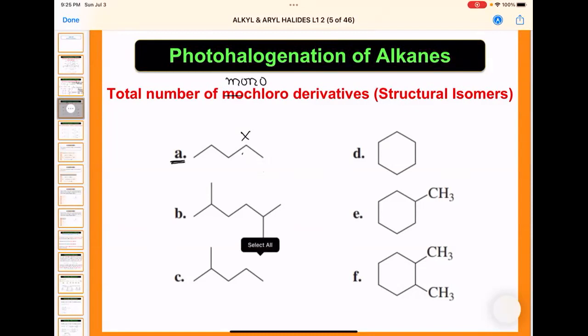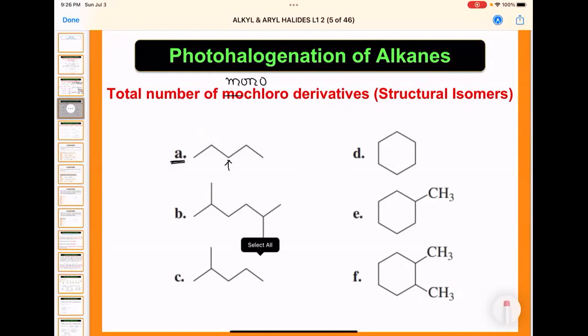Because this is the second position. If you put Cl here, you will call it 3-chloropentane. But if you put Cl at this position, Nabil, what will you call it? 2-chloropentane. Yeah, it is the same as this one.